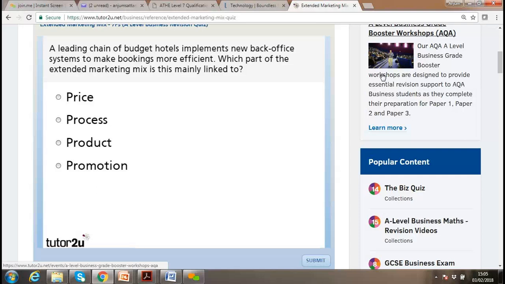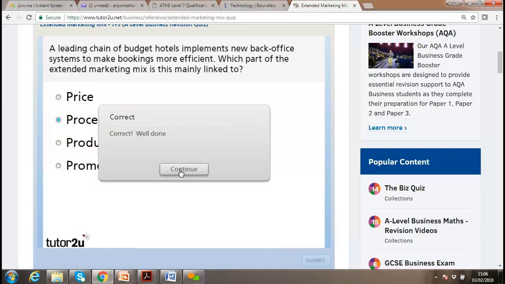Process. Product, when we have a back office to process things. Yes, the process. Good try.